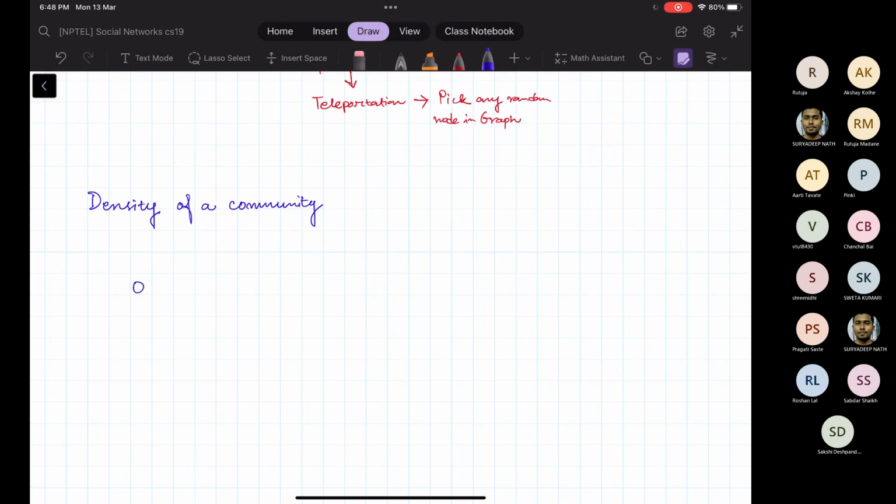Basically, let's say you have 4 nodes in a community, and let's say the edges are like this.